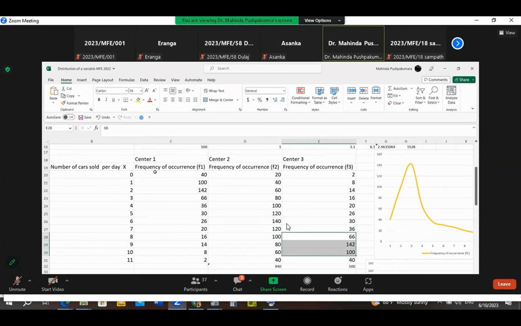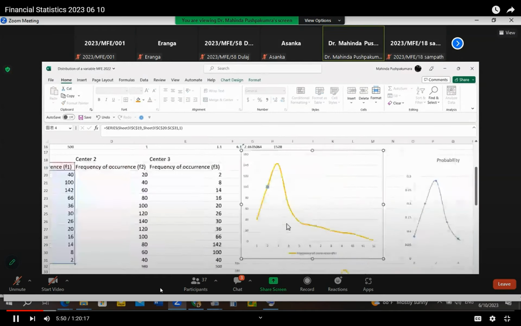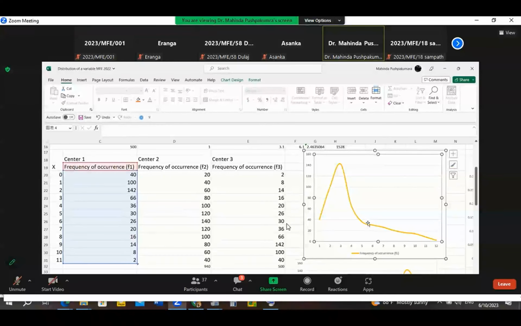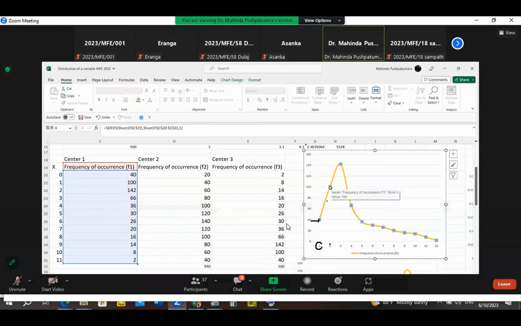Then if you graph this information, this is the graph related to the distribution of sales in center 1. And you can understand it. 1 sale, 40 days. 2 sales, how many days? 2 sales, 100 days. Like this is the distribution related to center 1.